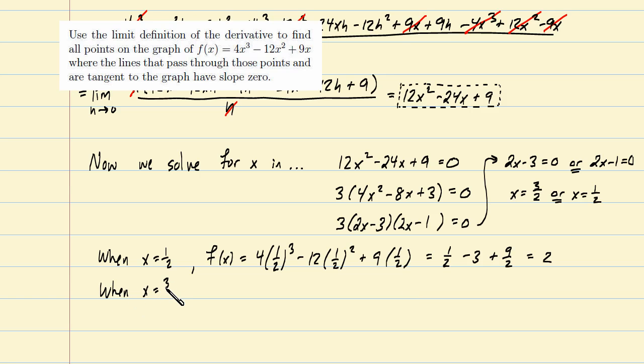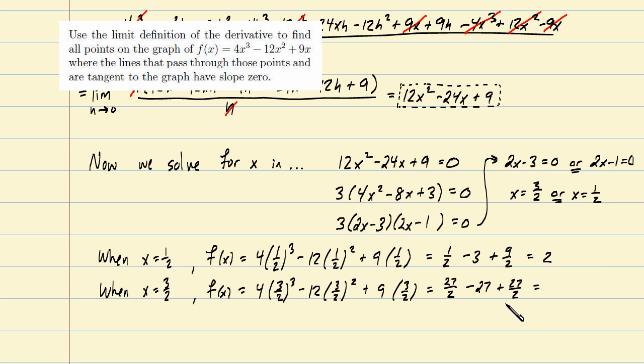And when x is 3/2, looks like f of x is going to be 4 times 3/2 cubed minus 12 times 3/2 squared plus 9 times 3/2, which if we simplify all that, we get 27/2 plus another 27/2, that's 27, minus 27 is 0.